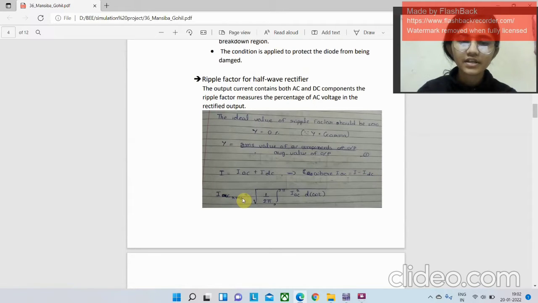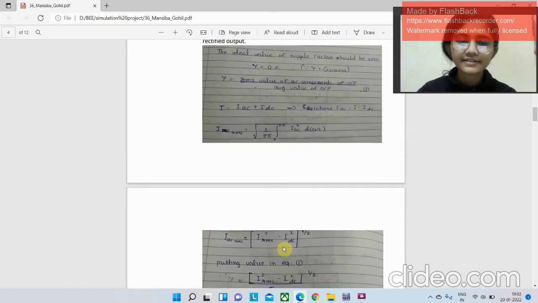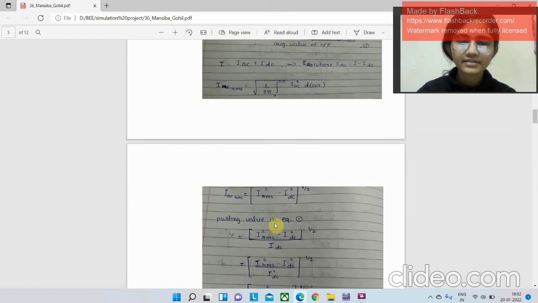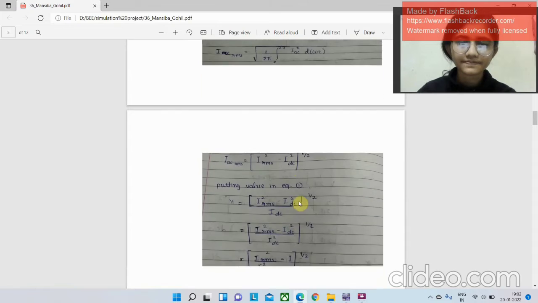Now, in order to find the RMS value, I have simply done the integration, and by simplifying this, we get the IAC RMS value as the square root of I RMS square minus IDC square.